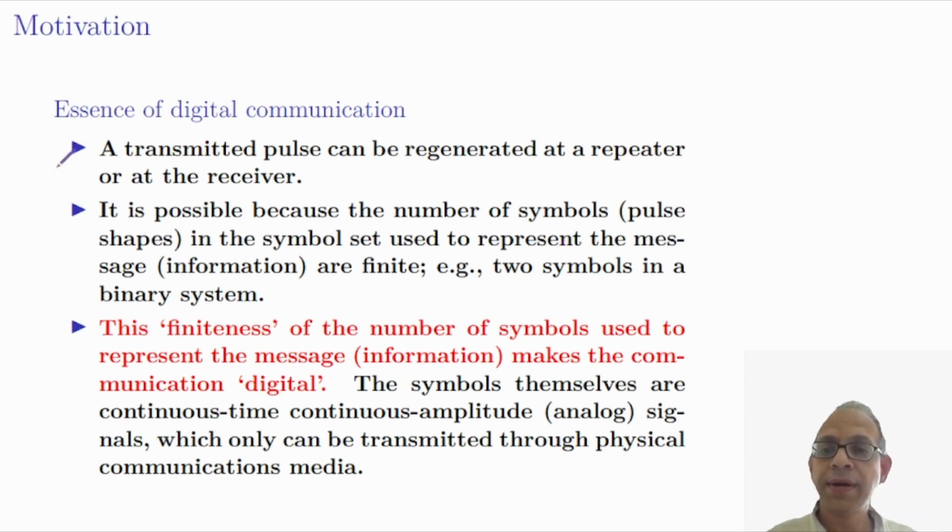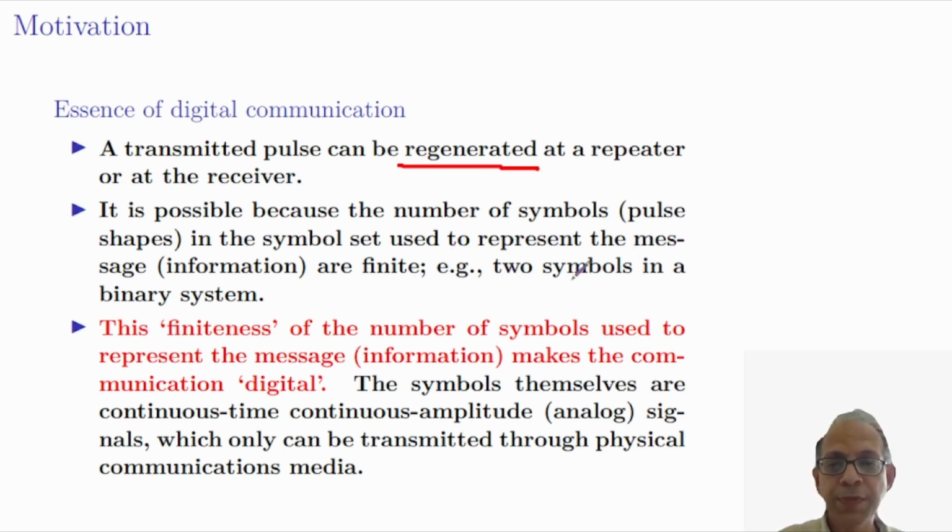A digital communication system's essence is that a transmitted pulse can be regenerated at a repeater or at the receiver. We are generating fresh pulses, and it is possible because the number of possible pulse shapes in the symbol set used to represent the message is finite.